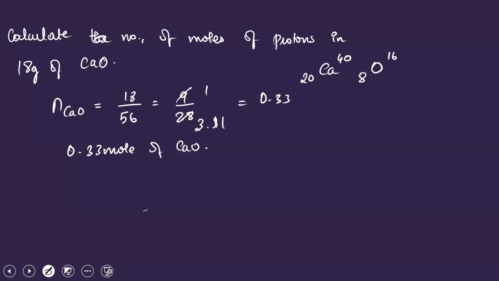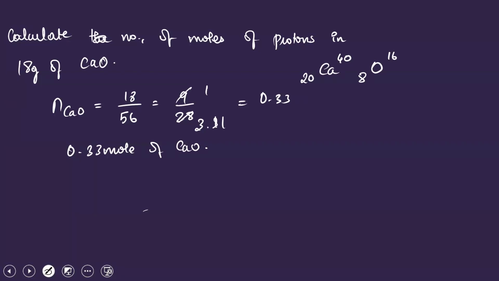Aravinda, can you say what is the next step that we can do? In 1 mole of CaO we have 28 protons. 28 moles of protons. Very good. So what did they identify? In one calcium oxide, how many protons will be there? Correct? How do you identify the number of protons in an atom?